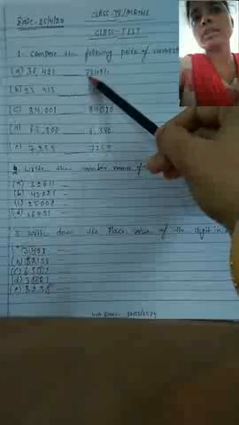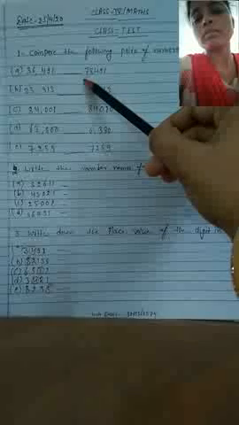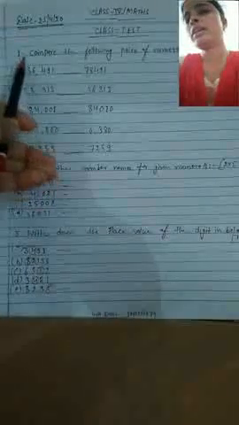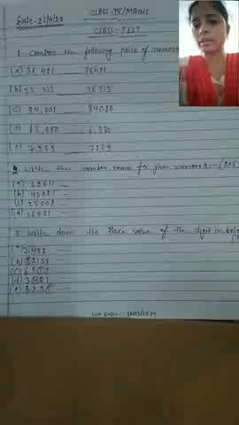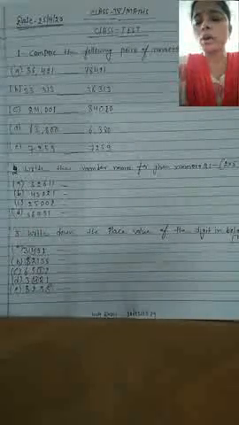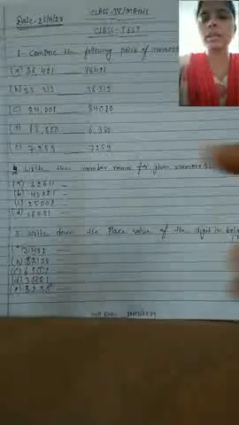Here, in the 10,000 place, 7 is there, and on the left-hand side in the 10,000 place, 3 is there. Now we have to find whether 3 is greater or 7 is greater. We all know that 7 is greater than 3, so we will put the greater sign in this way.